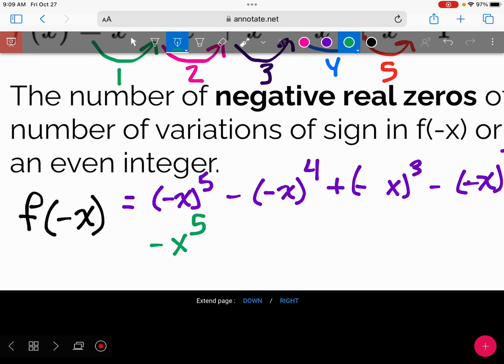All right, how about our opposite of x to the 4th? Since it's an even exponent, that negative cancels out, so we just have minus x to the fourth. How about our opposite of x to the third? Yeah, we're just going to have minus x cubed.